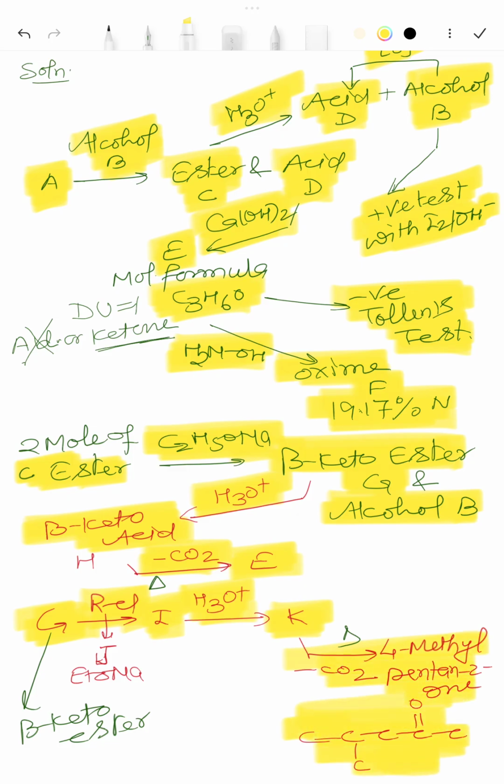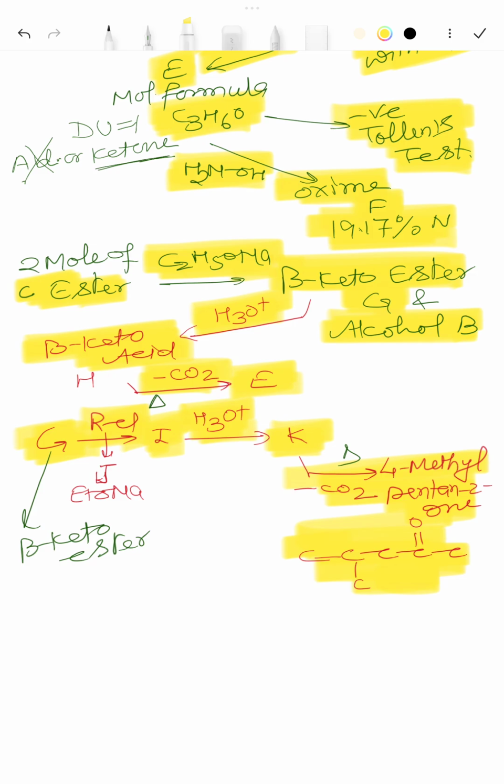Okay. So now let's start from 4-methyl pentan-2-one. First you will think about what K should be. K, I think, is the beta keto acid. So K will be formed like this, and here COOH.